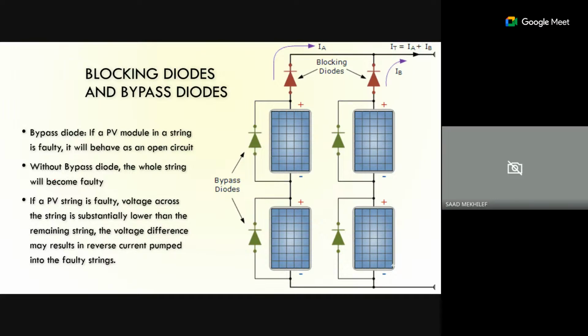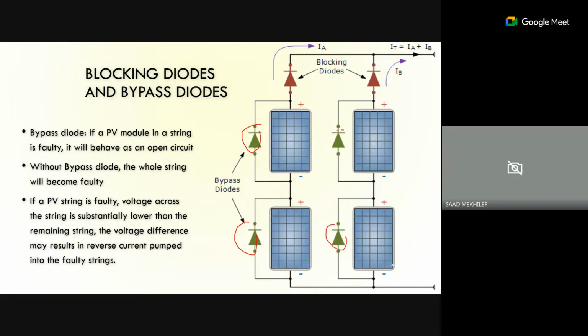Yesterday, I think there was one question on the bypass diodes, on these diodes. This picture actually shows an ideal case, so we don't have one panel, one diode. We call them bypass diodes.